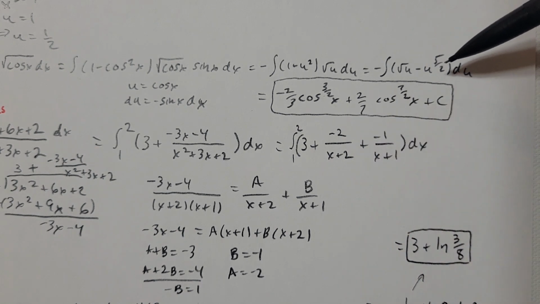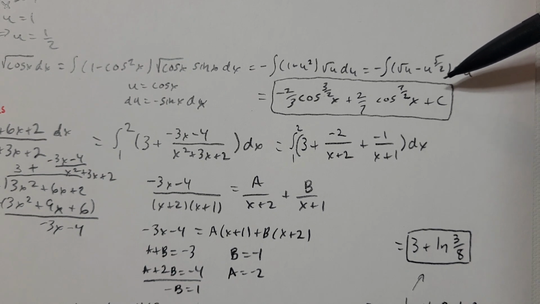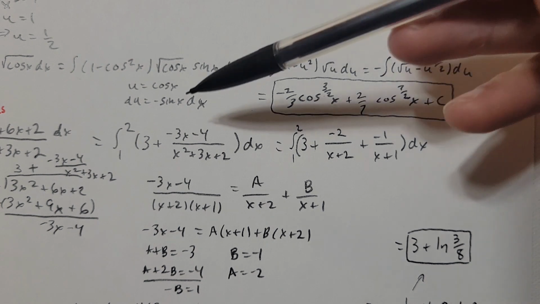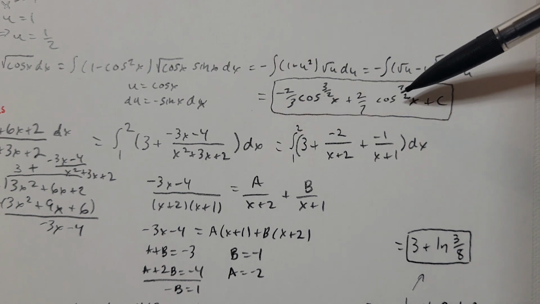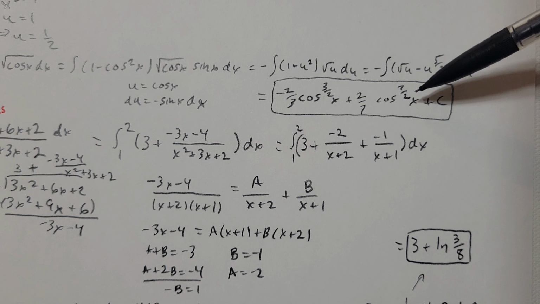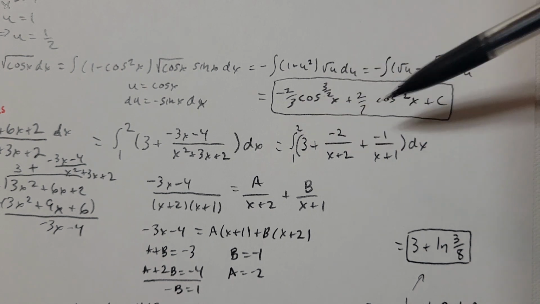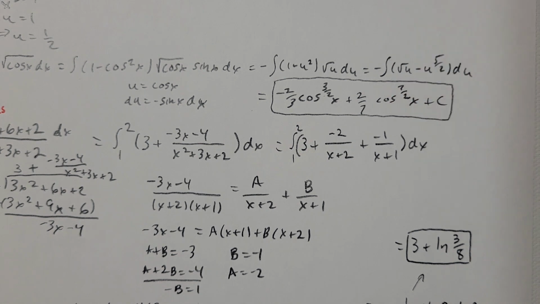So it'll be u to the 7/2 times 2/7. So I get 2/7 times u is cosine of x. So 2/7 times cosine to the 7/2 of x plus a constant at the end. That'd be the answer there. Okay, so we'd go ahead and circle that.